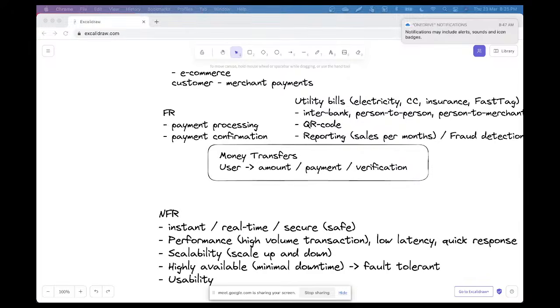But now, with the latest technology, and even with government initiatives, a lot of facilities have been provided, so you can do transfers very quickly and without entering much detail. You may just have to enter the mobile number of the user, and the money gets transferred to the person.